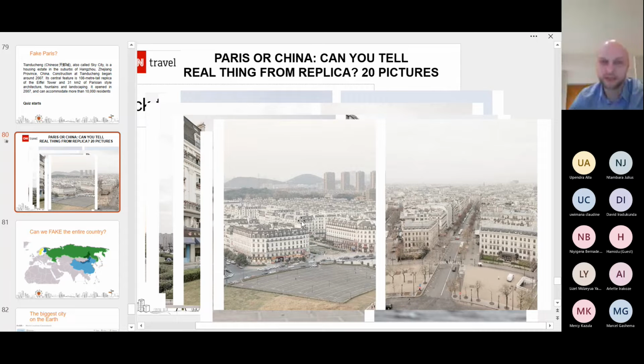On the left side of the picture or on the right side of the picture? Right, and you're right. So the Paris is on the right side.